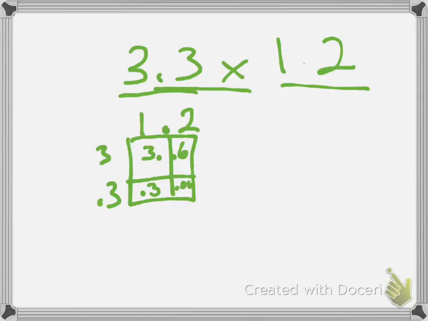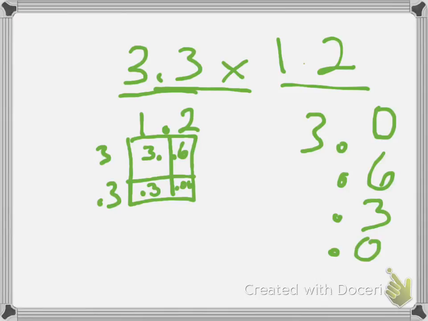Okay? So boys and girls, I'm going to add all of them up together. I'm going to line up my decimal. I'm going to write down 3 and put a decimal there. I'm going to put down 6/10. I'm going to put down 3/10. And I'm going to put down 0 and 6/100.